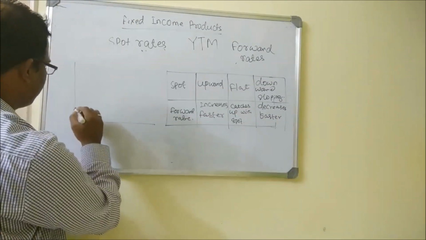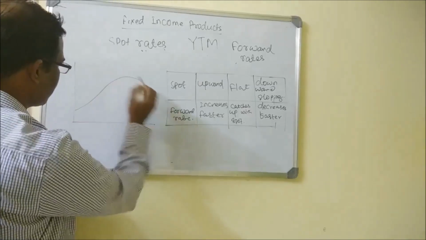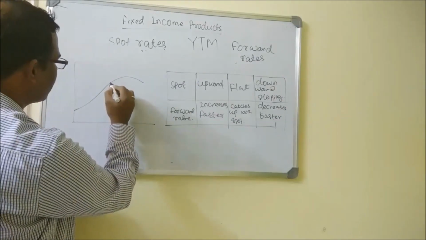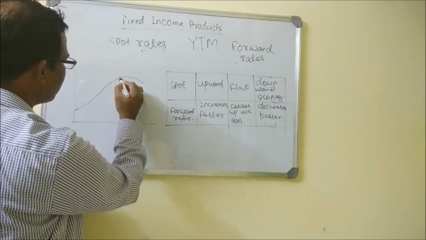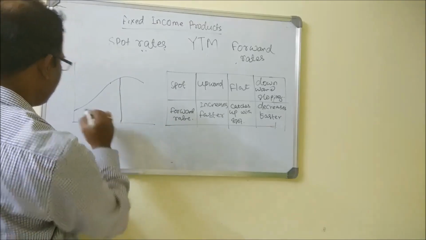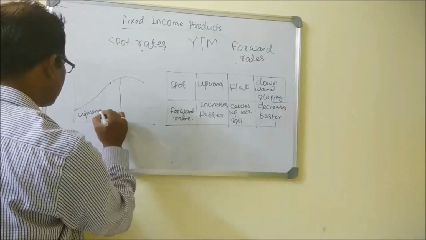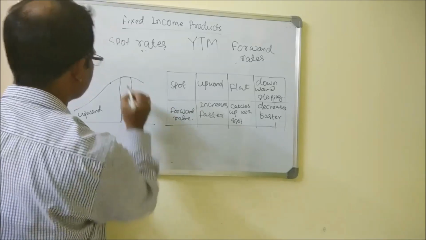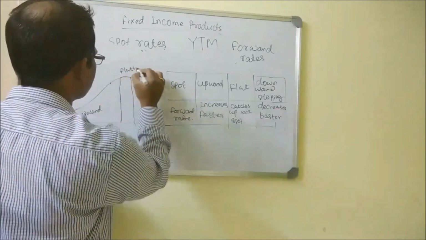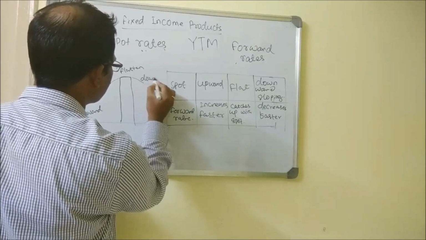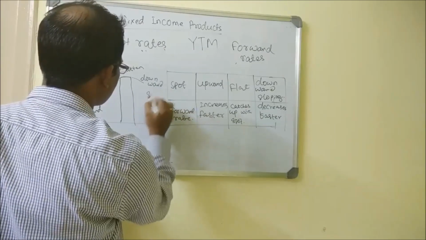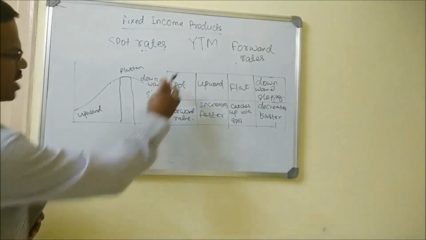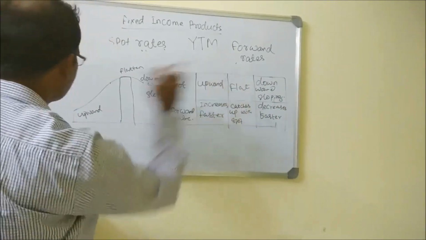This is the spot rate curve. You will see that the spot rate curve goes till here, upward sloping, and then it is trying to flatten. So here it is flat and here it is downward sloping. Now if we plot the graph of the forward rate, as per this table it increases faster during the upward journey.